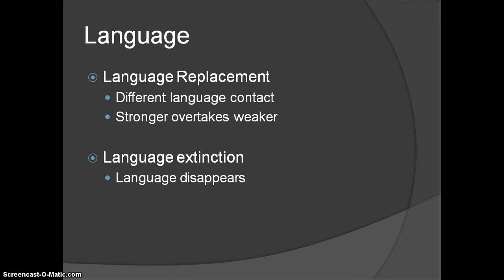It's really of no benefit to continue to speak a language that not many people speak. It's really no benefit to learn that language that nobody speaks, because you're not able to communicate with anybody else.